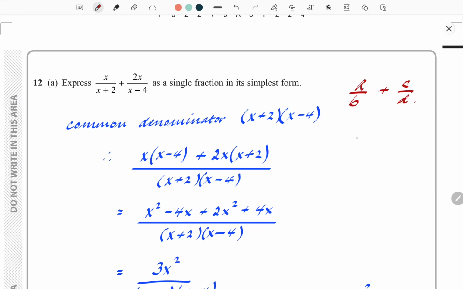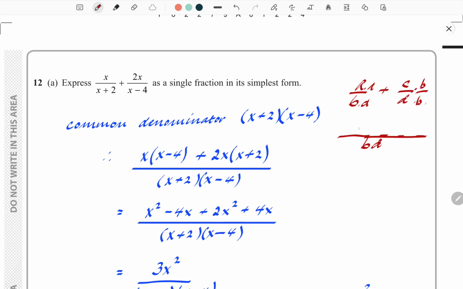The simplest version is times the two denominators, but you then have to make sure that you've converted the top as well. So in order to get this one to be BD, we multiply by D and the top also multiplied by D. And this one here, in order to make it BD, we multiply top and bottom by B.